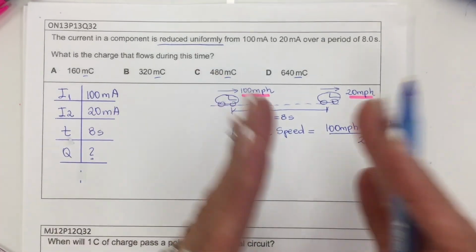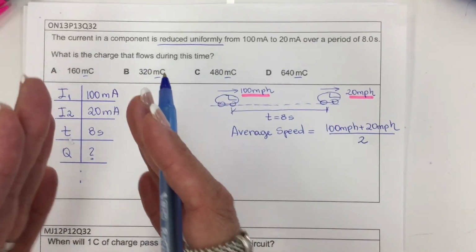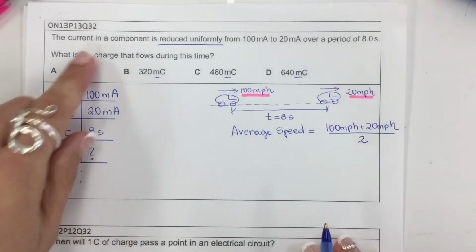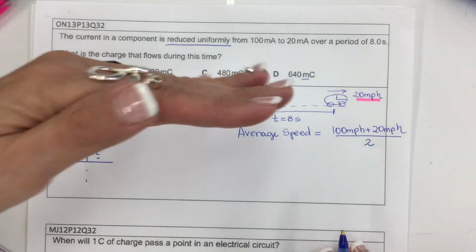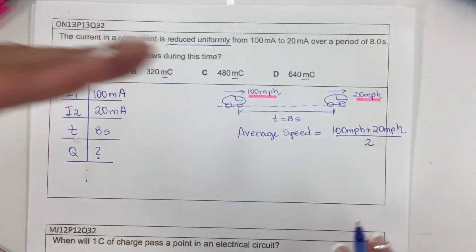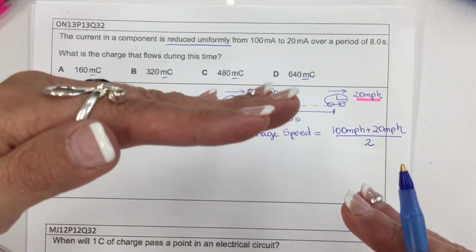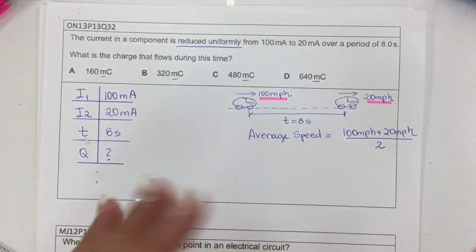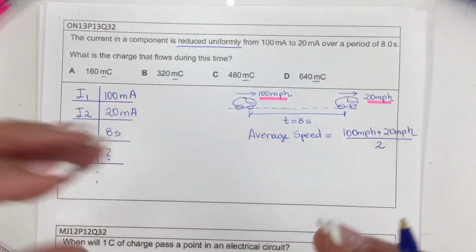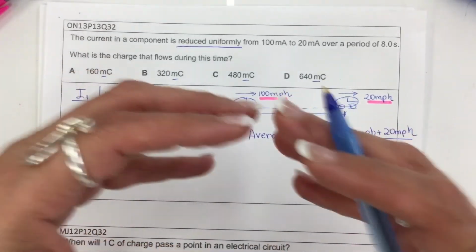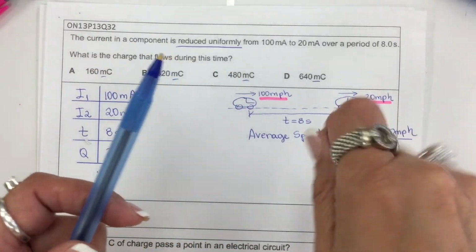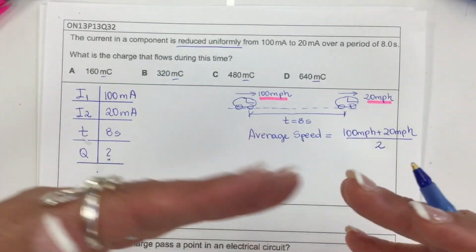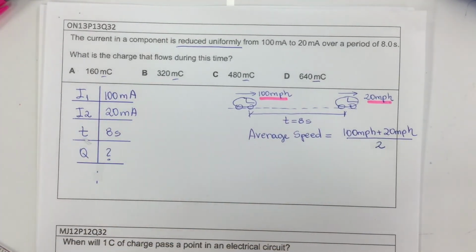So we are going to make the same analogy with the current flowing through a component. A current is moving through a component uniformly and is going to reduce during this period of time. This can happen because maybe the component is connected to a variable resistor that is increasing the resistance and also decreasing the current flowing through the circuit.